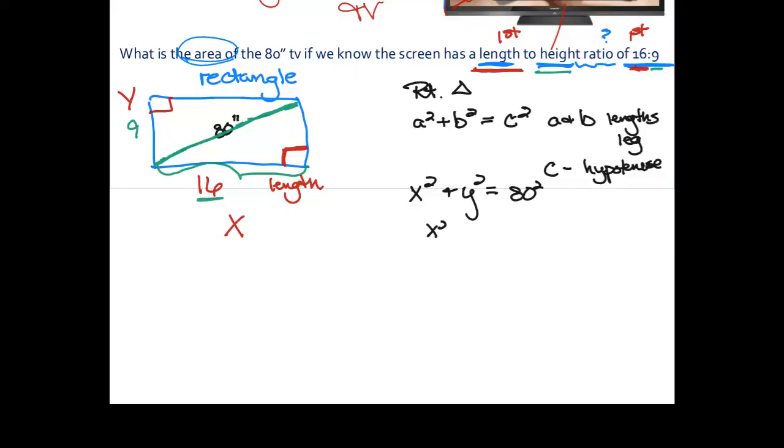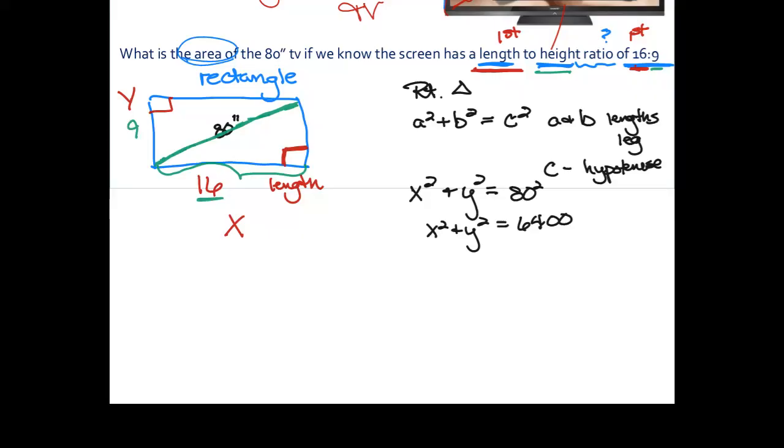So I get x squared plus y squared equals 80 squared, which is 6,400. But I don't know anything about x and y. Well, we have to try some things, and sometimes they don't work. So putting x and y is not going to work.